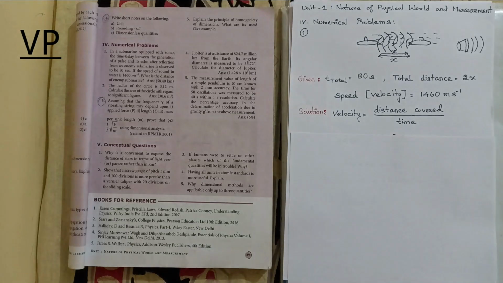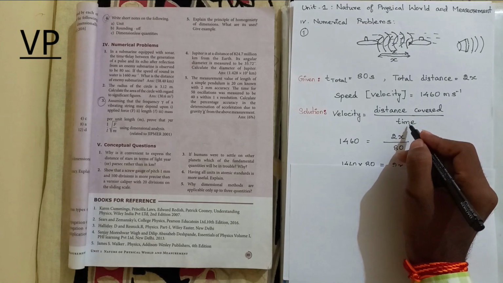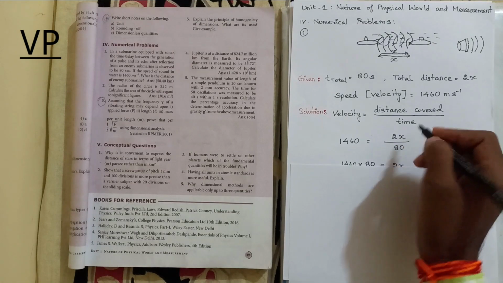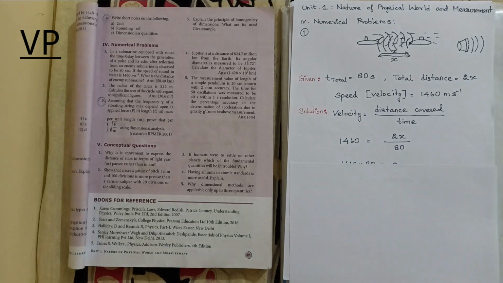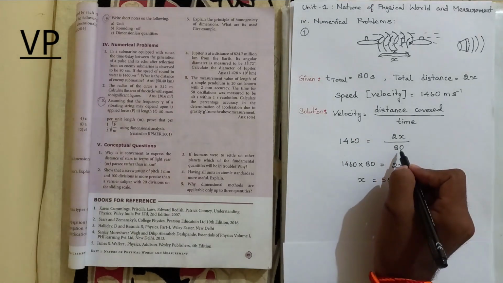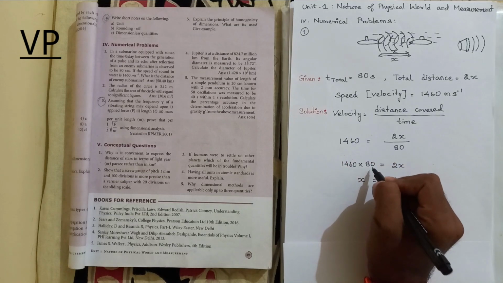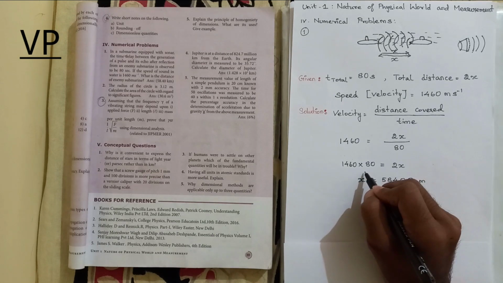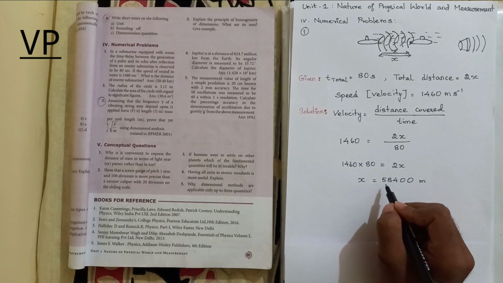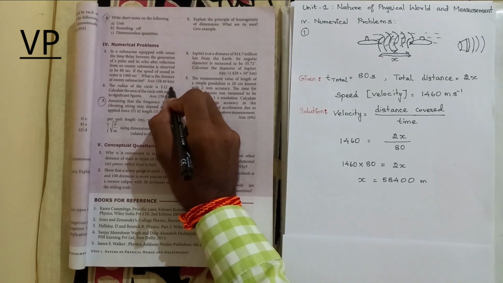So we know the total distance covered is 2x, the time delay is 80 seconds, and the velocity is given as 1460. To find x, we shall bring this 80 to the left hand side, which comes to the numerator, and 1460 into 80 is equal to 2x. And x can be found by bringing this 2 to the denominator, and x is equal to 58,400 meters. But the answer is given in kilometers.